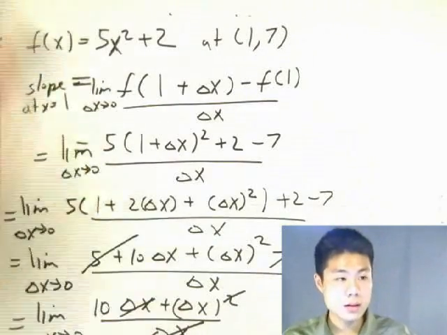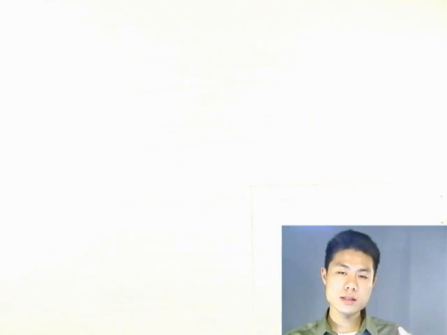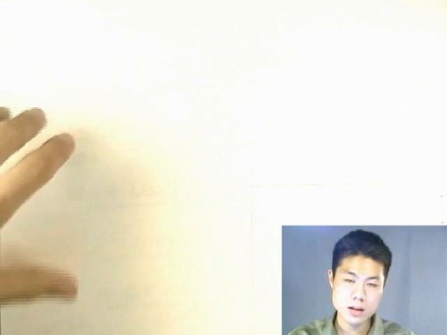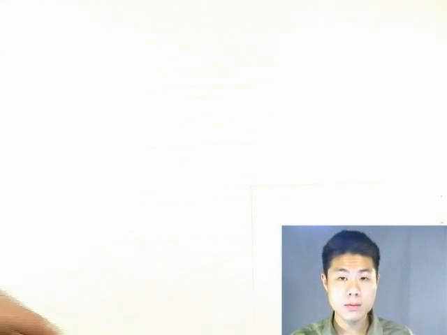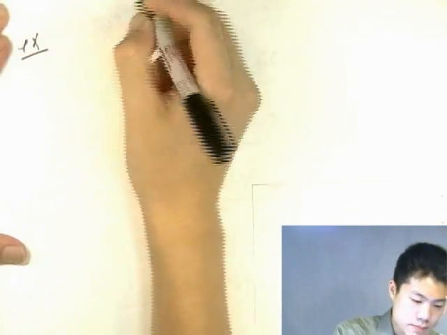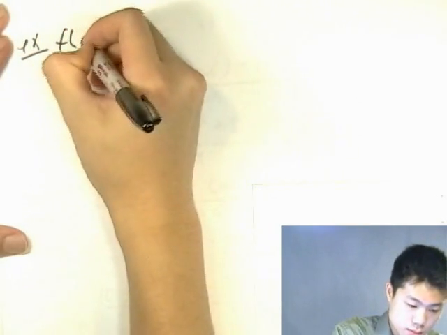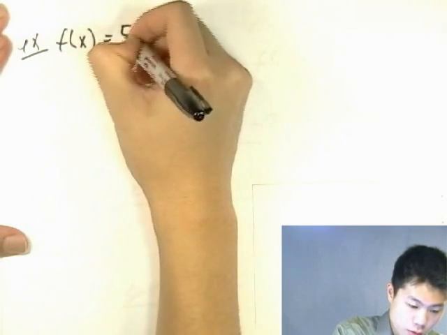Now, instead of finding the slope at one point, I can actually derive the formula for the slope and use that formula to find the slope at all points. What do I mean? Let me rewrite.